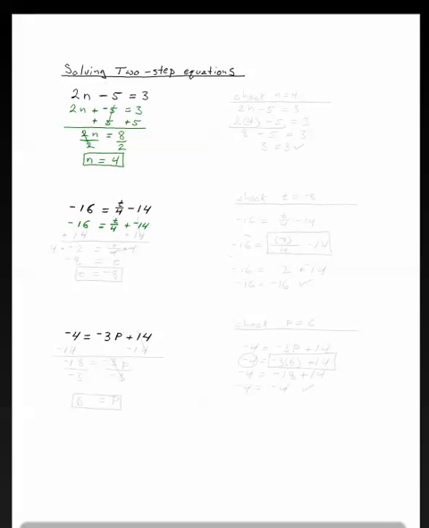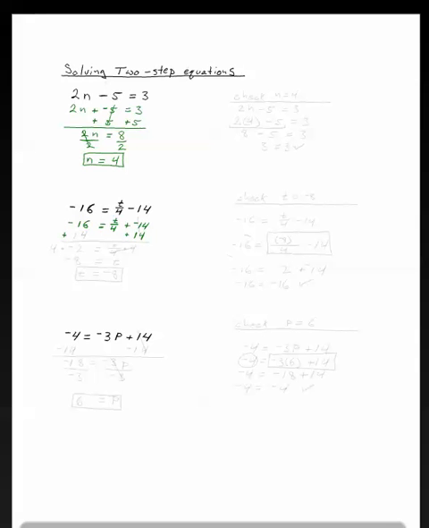Now, remember, the first thing you want to do is isolate the term with the variable in it. And the term with the variable in it is t divided by 4. So we'd like that t divided by 4 all by itself. And we do that by getting rid of the negative 14. To cancel a negative 14, I have to add 14.